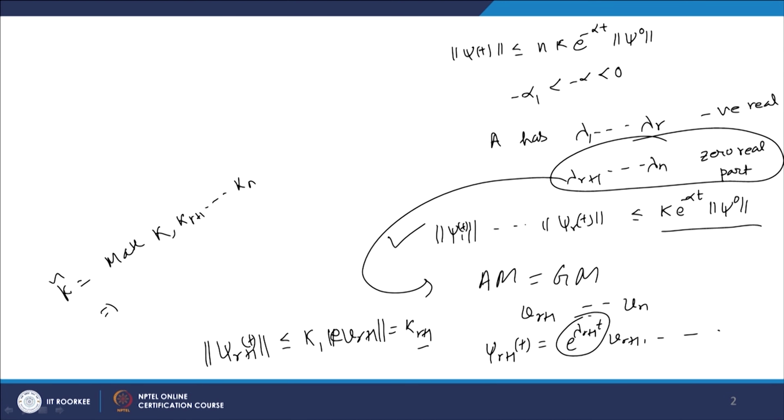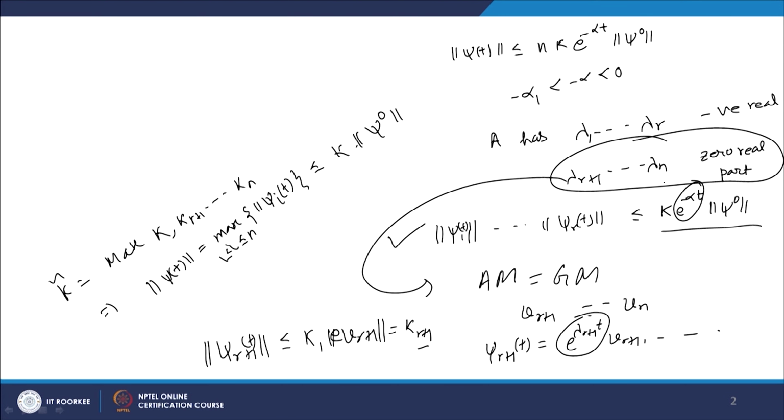So this implies that for this k tilde, the norm of psi of t, which is nothing but the maximum of the norm of psi i of t, i from 1 to n, is less than or equal to k times the norm of psi 0, because for 1 to r it is bounded by k e to the power minus alpha t times the norm of psi 0.